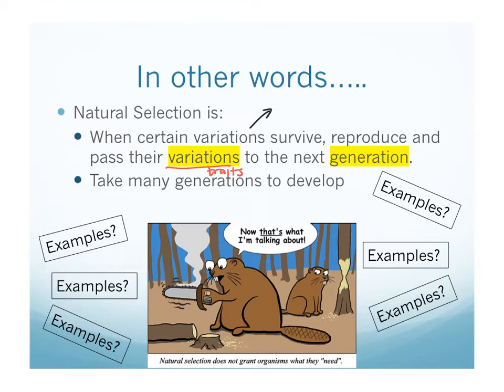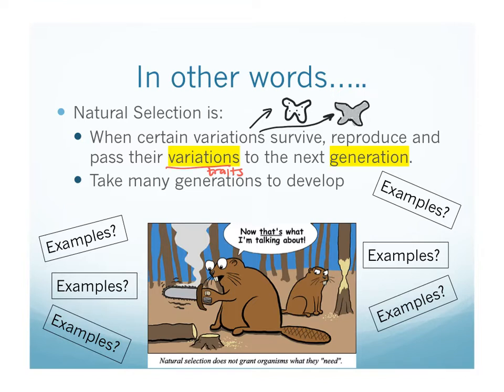So we had the white moth that had speckles on it, and then another variation of that moth was a dark variation of the moth that was more suited for the trees that were covered in soot. So this would be the dark moth.